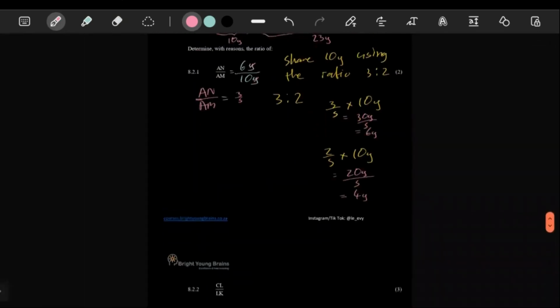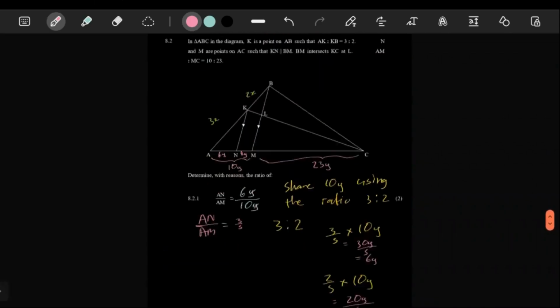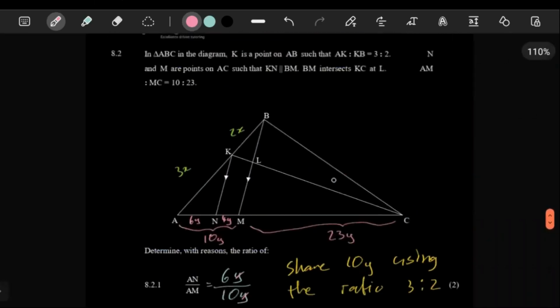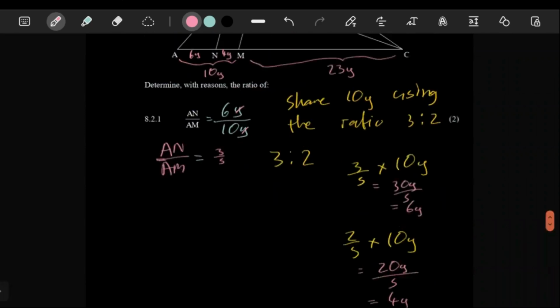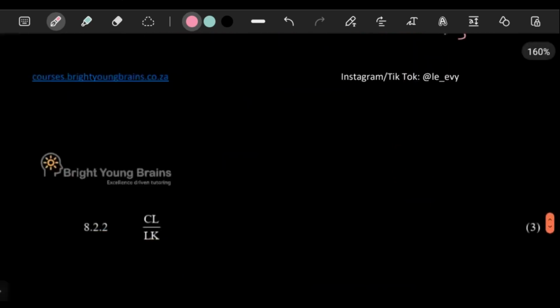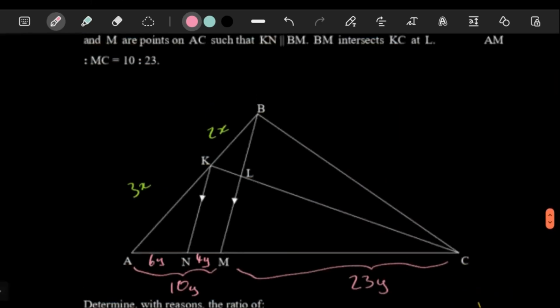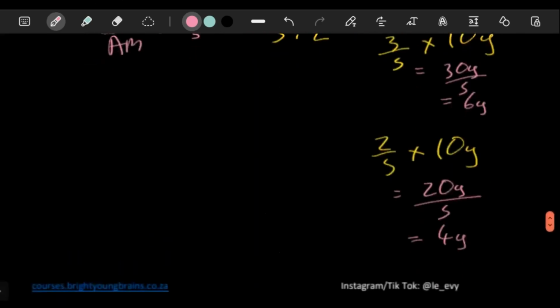It says we need to get the ratio CL over LK. Our life is a bit easier because CL over LK is the same as CM over MN. So CL over LK is equal to CM over MN.